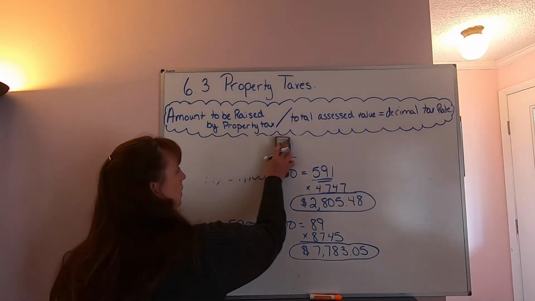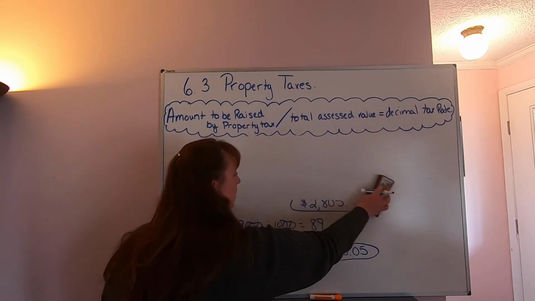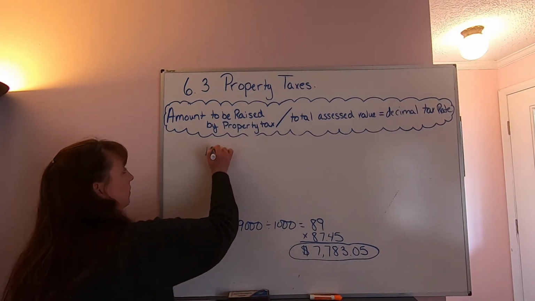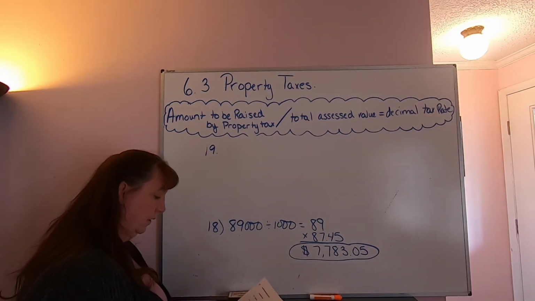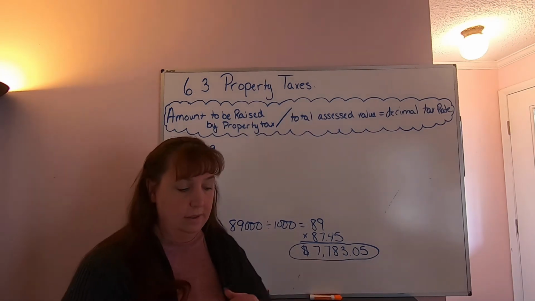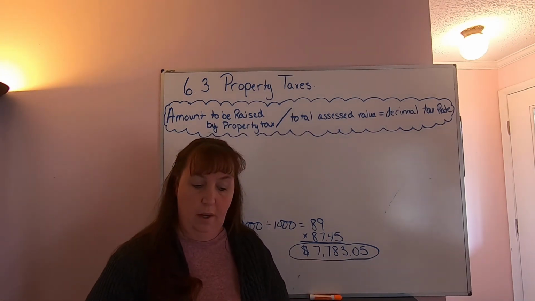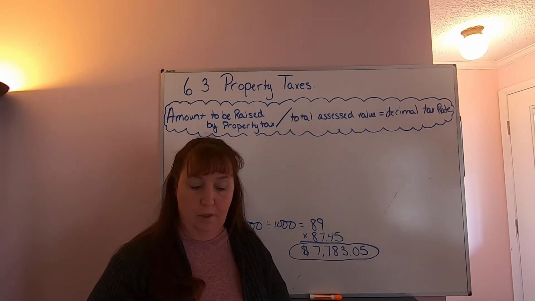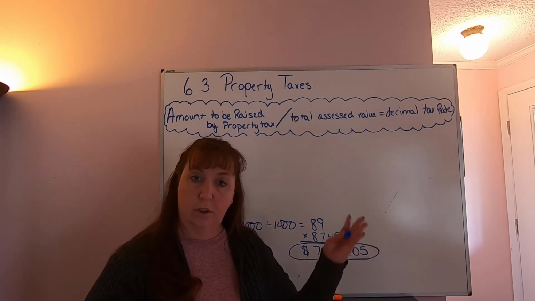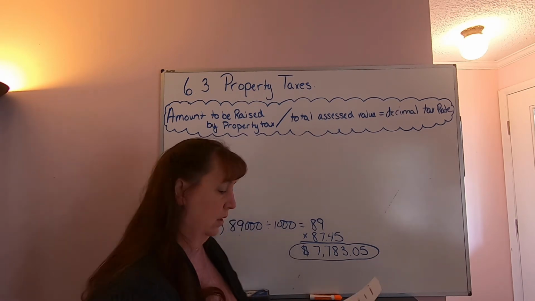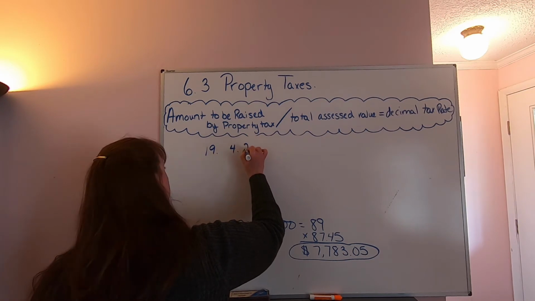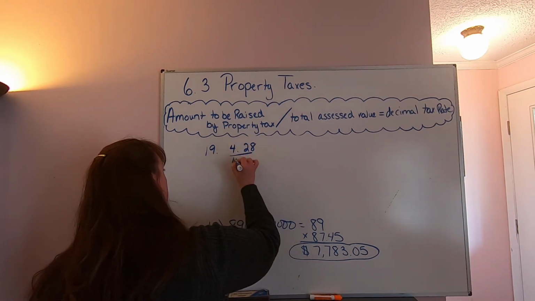Question 19 reads, 60,200 at 4.28 cents per $1. Again, when you have cents, you're going to divide it by 100. So we take 4.28 divided by 100.